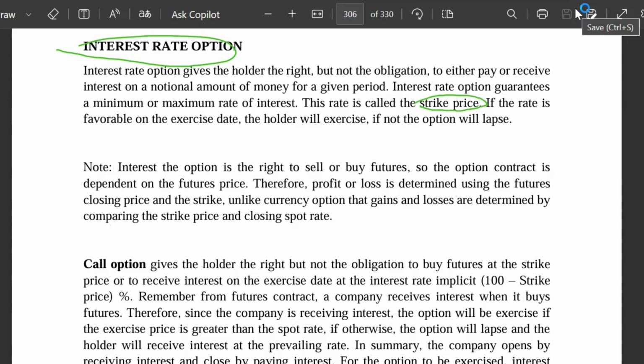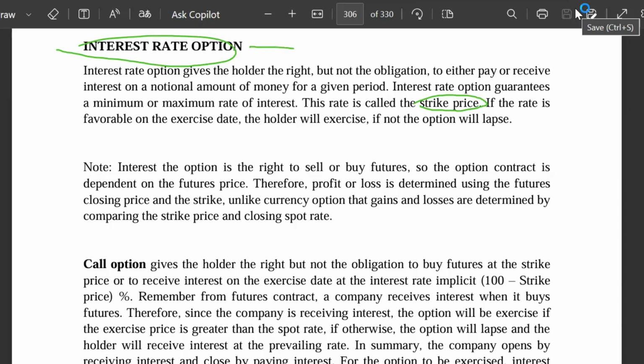For your option contracts, you have the strike price, and also you have the futures price and the spot rate. The interest rate option is the option to buy futures.